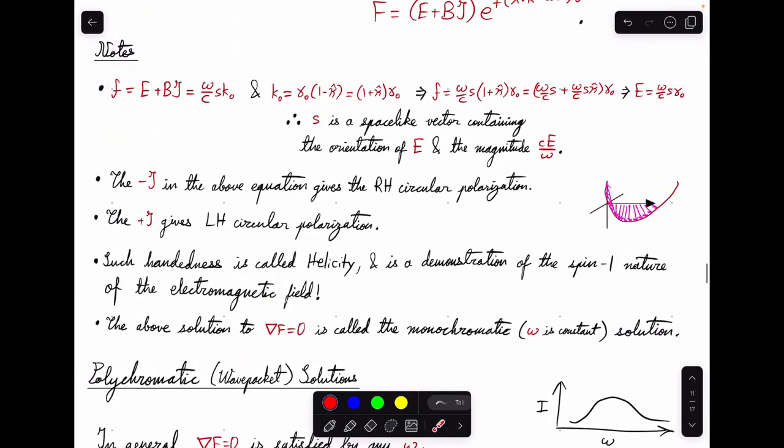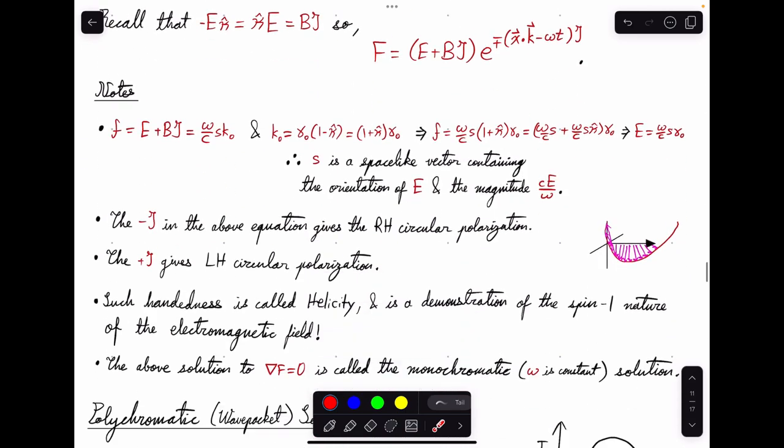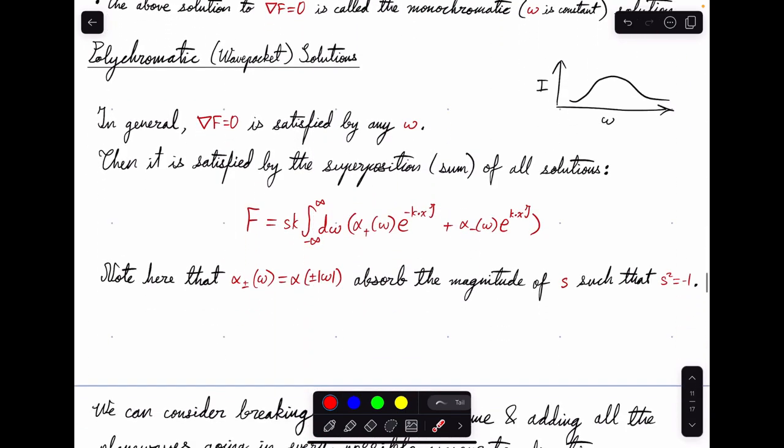I think it was in the polychromatic wave packet solution, in STA 12, where this was the solution for F given, where you have multiple colors. So you're summing up over all the right-handed and all the left-handed solutions.